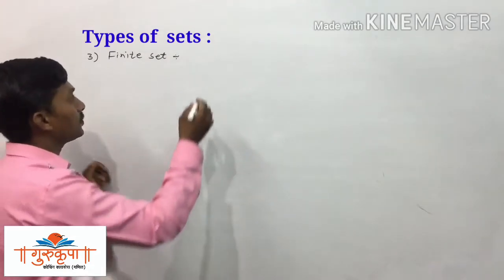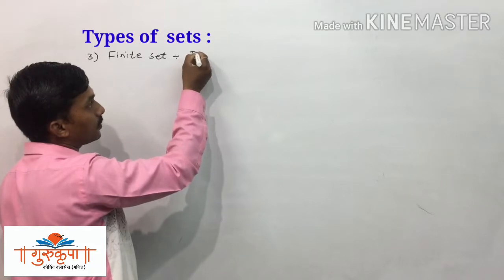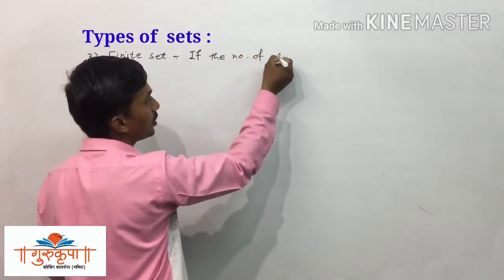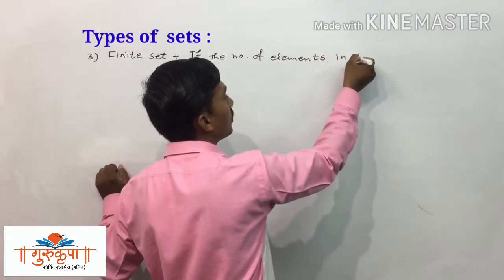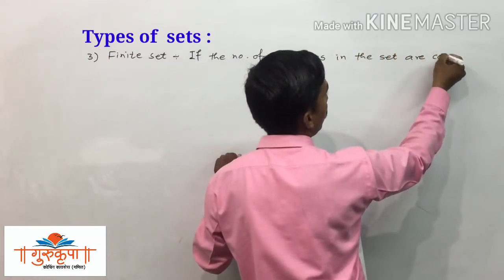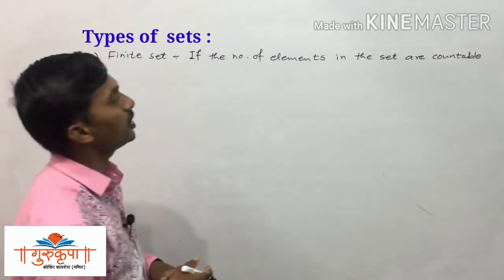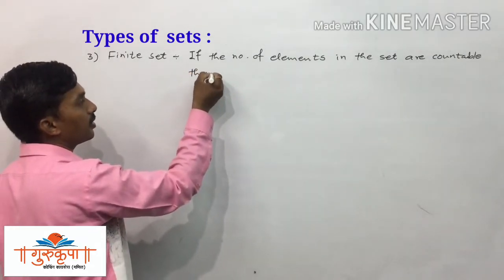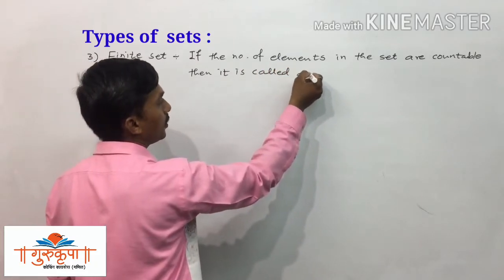The number of elements are countable, then it is a finite set. So we'll write here, if the number of elements in the given set or in the set are countable, then it is called a finite set.